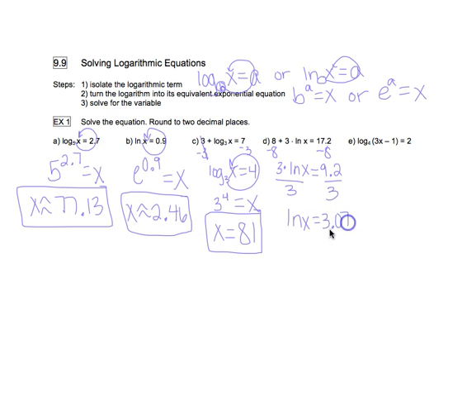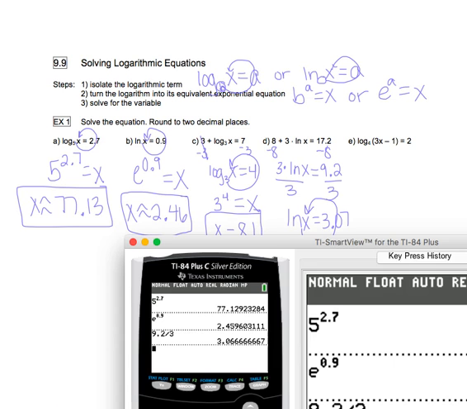Now again, I have to write something down, but I'm not going to use this rounded value in my answer because that was all just step 1. Now I need to do my swoop. So e to the 3.07 is equal to x. But watch what I do in my calculator. I'm not actually going to type this in because that's a rounded off value.